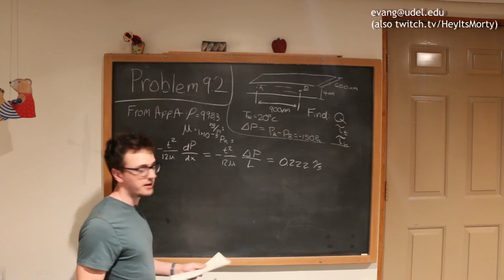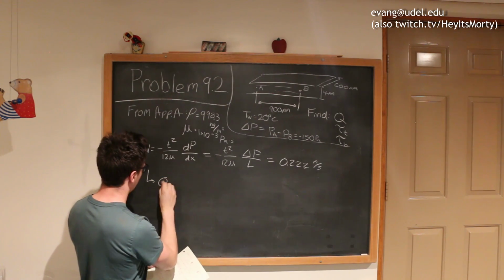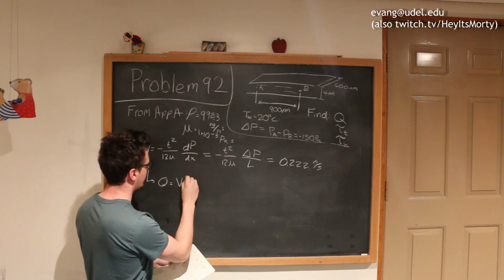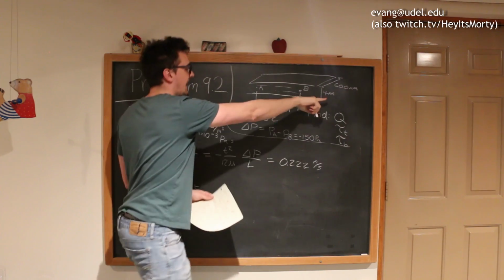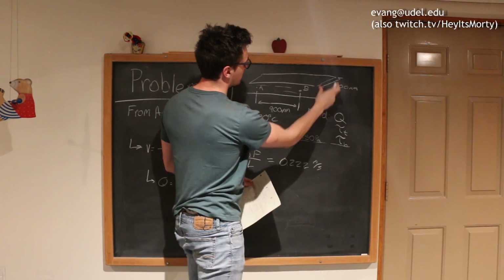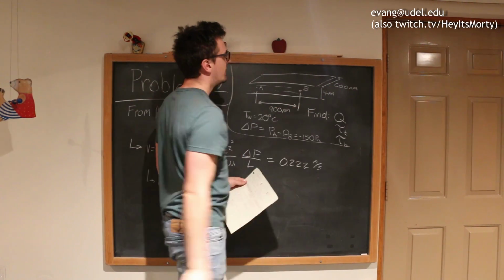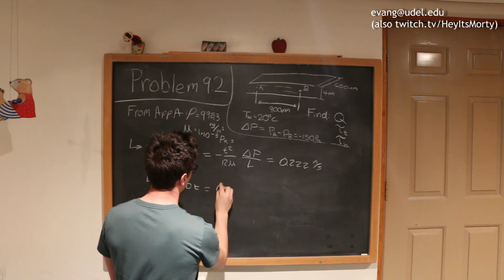Then you probably know what to do from here to find your Q. You multiply your velocity times the base and this gap length, so you have this cross-sectional area: 0.004 meters times 0.6 meters.